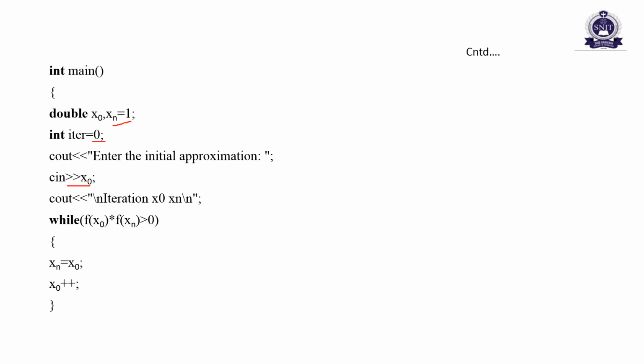See the calculation, while f of x0 into f of xn greater than 0, xn is equal to x0, x0 plus plus. You are assuming it. Previous value you are assigning to the next iteration and you are incrementing the iterations one by one.